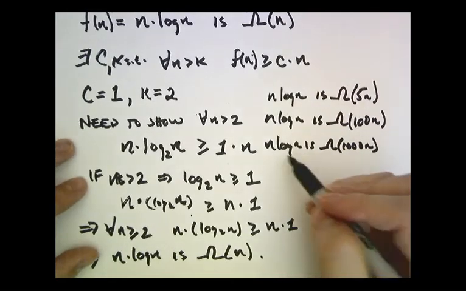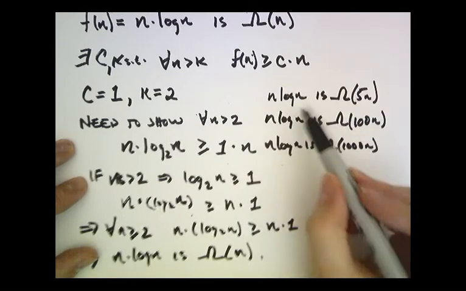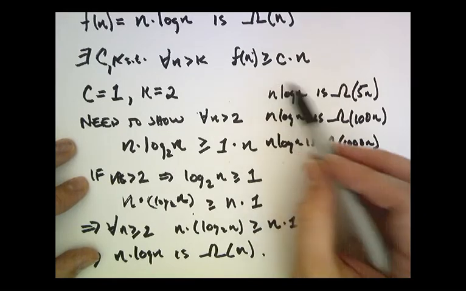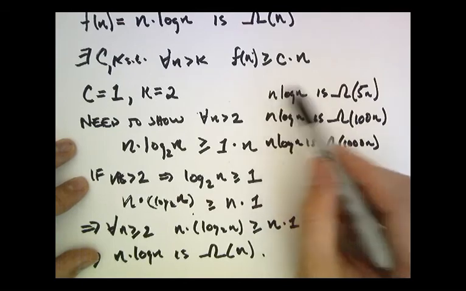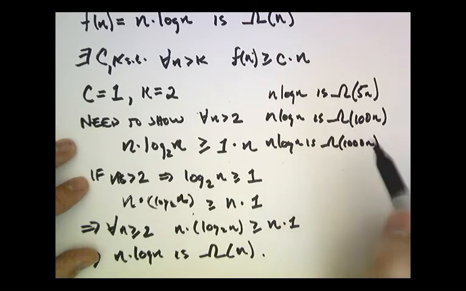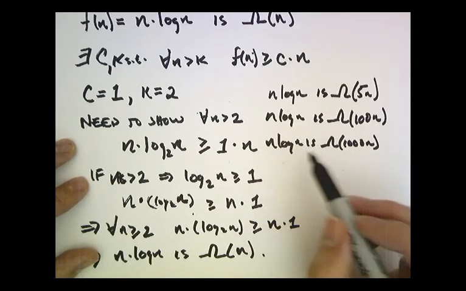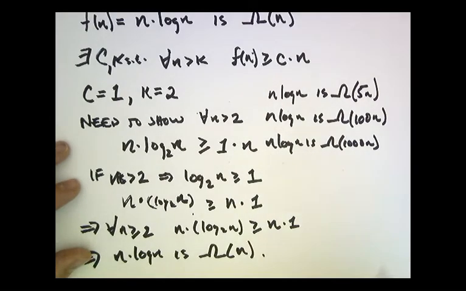And that's because no matter what constant you put here, 5, 100, 1000, 10,000, for n sufficiently large, log n is an increasing function. So it's always going to get bigger than whatever constant you write. If you tell me 10,000, then eventually, when n is larger than 2 to the 10,000, log n will be larger than 10,000. So all of these functions are big omega of any constant times n.